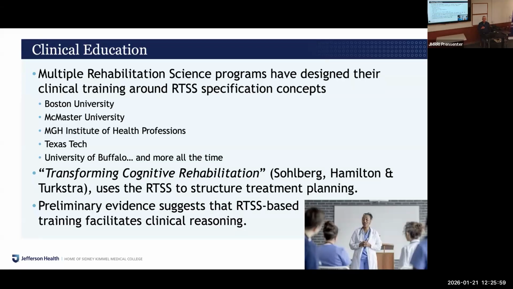Lynn Turkstra, who has been a visiting faculty member here, is co-author of a cognitive rehabilitation textbook called Transforming Cognitive Rehab with McKay Solberg and somebody Hamilton, whose first name I can't remember. And they incorporate RTSS as one of the main frameworks for treatment planning.